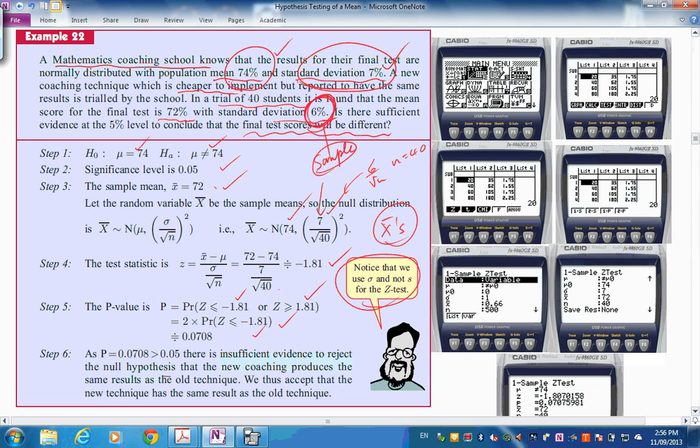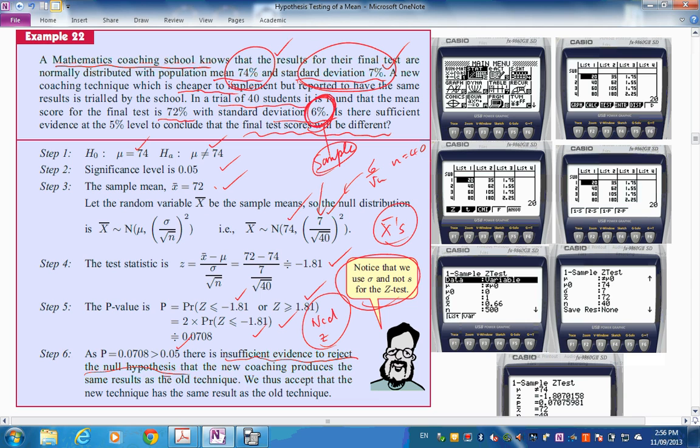So using NCD on a Z distribution, because it's greater than 5%, there's insufficient evidence to reject the null hypothesis. We therefore say it's quite likely that they have the same result. We have not shown that this cheaper method produces a lower result.